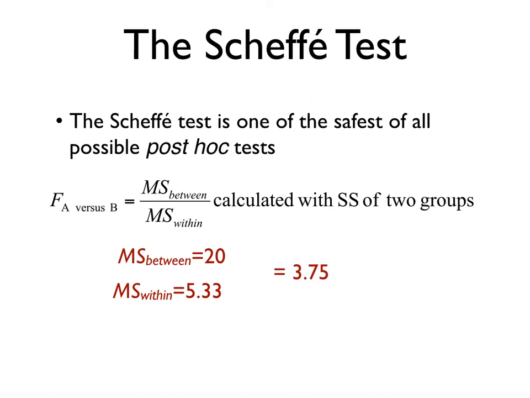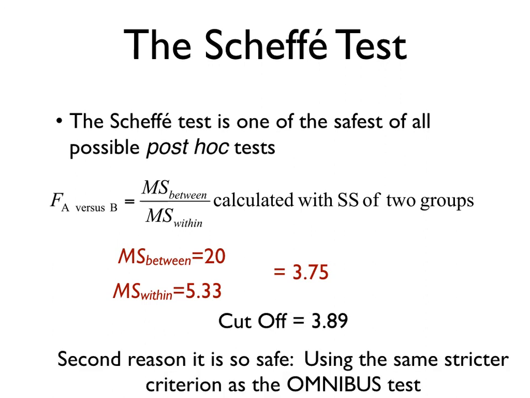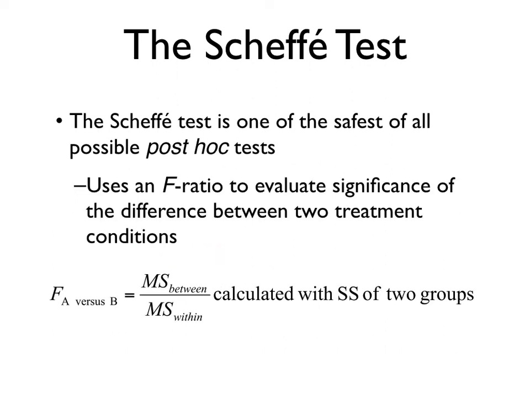Our cutoff using our F table was 3.89. So this is the second reason that this is so safe. We're using the same stricter criterion as the omnibus test. So again, we're making it harder to find a significant effect, which means we're reducing our risk of a type 1 error. That is why the Scheffé test is so safe compared to other post hoc tests, and especially compared to other analyses.